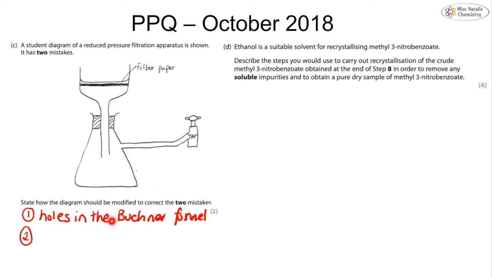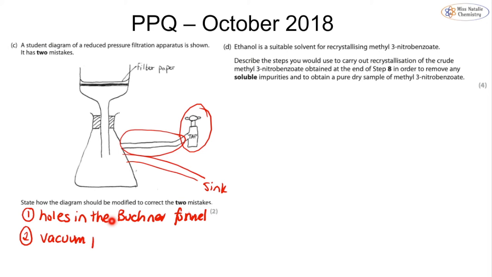The second part is to do with this part here. There are 2 ways that we can answer this. We can either have this tube going to a tap and then have a second tube going to the sink, or we can change this. So we want to use a vacuum pump instead of the tap.